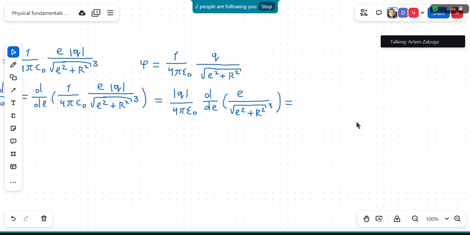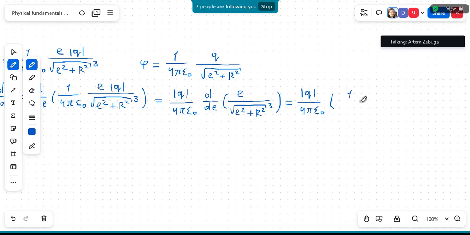We will get the first term: 1 divided by the square root of L to the power of 2 plus R to the power of 2.